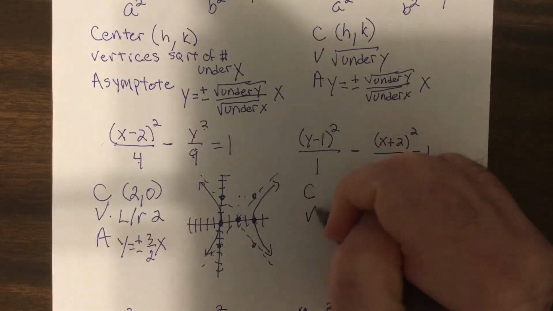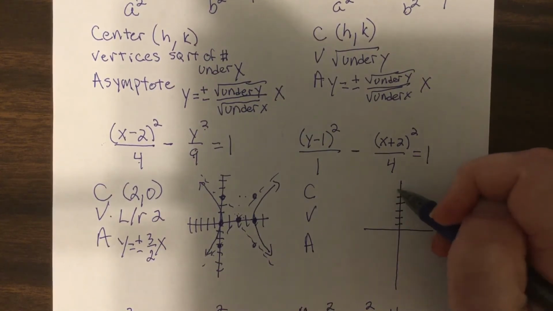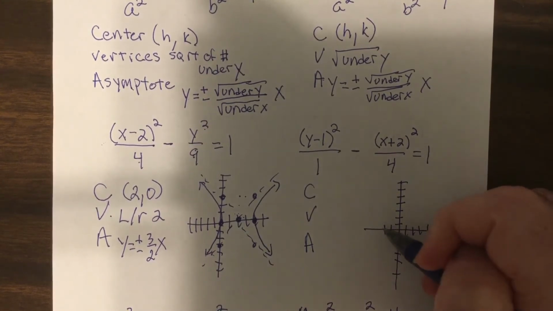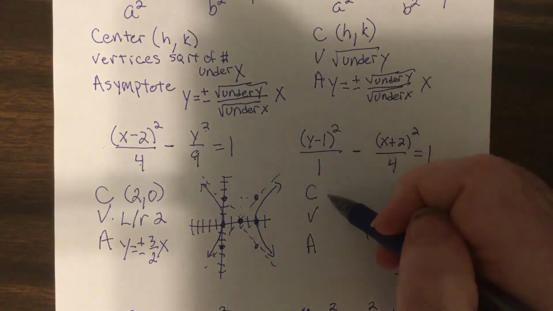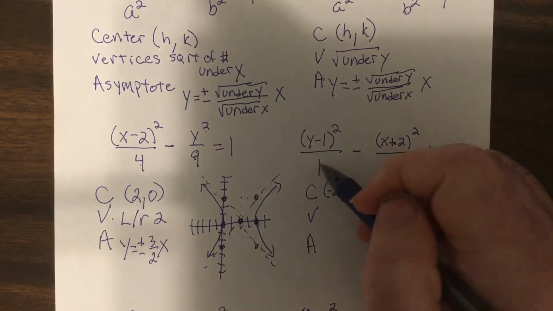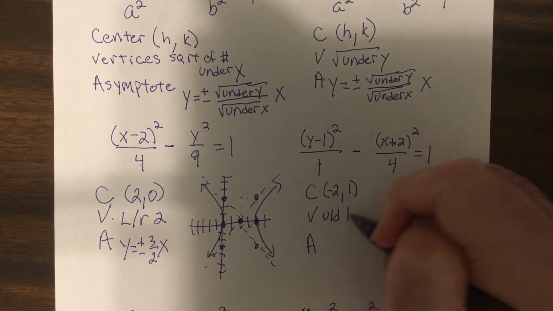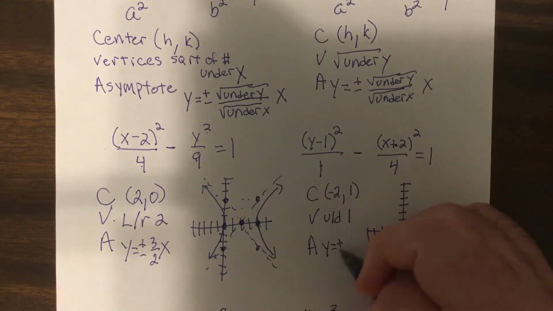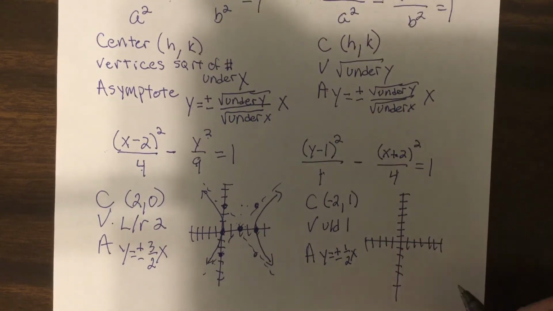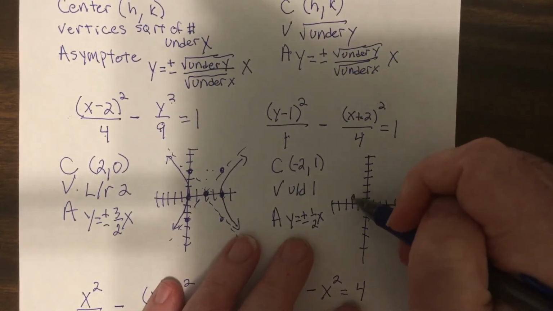So this one, the CVA. I should have already drawn these, but I forgot. Now it's the X number, Y number. So it's -2, 1. We're going to go up, down, 1 because it's under the Y. And it'd be Y equals plus or minus the square root of the number under Y divided by the square root of the number under X. So we're going to go -2, 1.